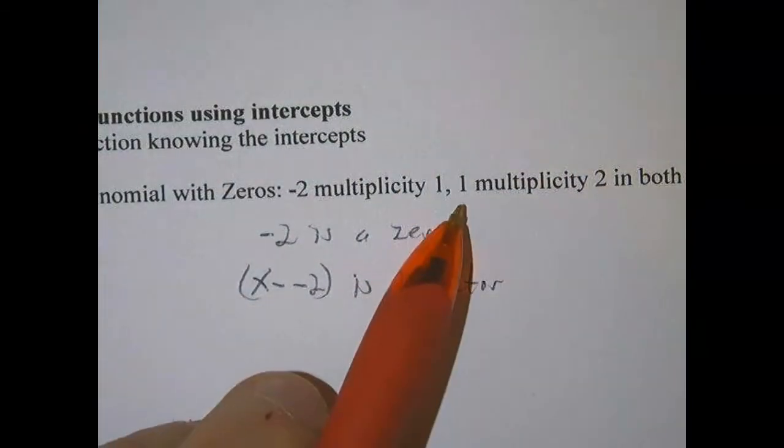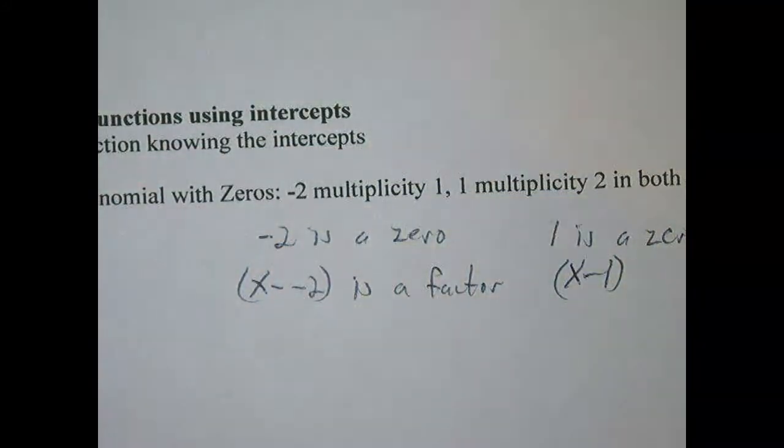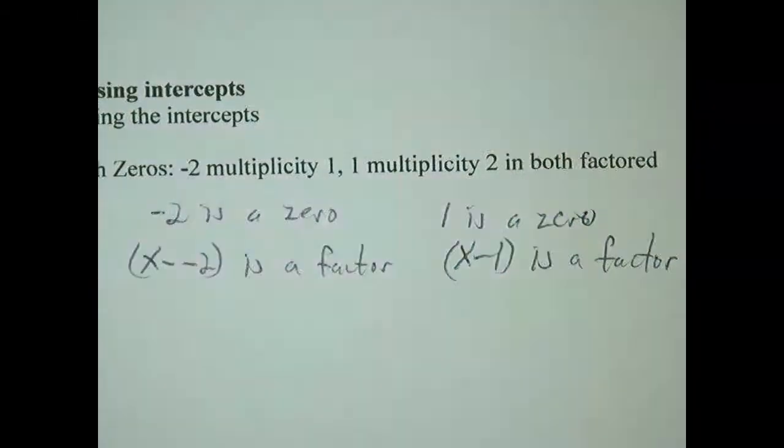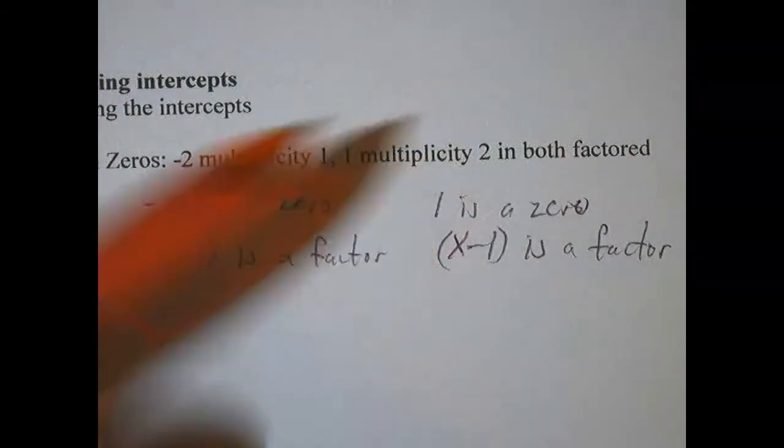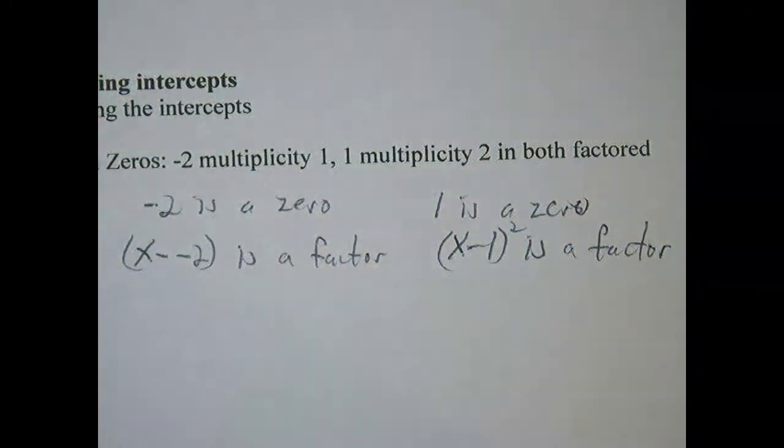And the same thing with 1. If 1 is a zero or root, then it follows that x minus 1 is a factor. And since x minus 1 has a multiplicity of 2, it's a factor that appears twice.